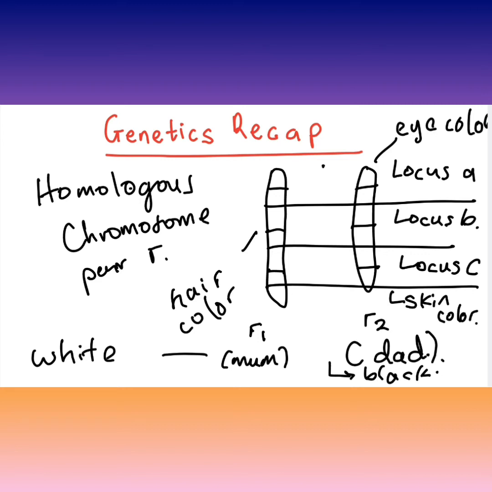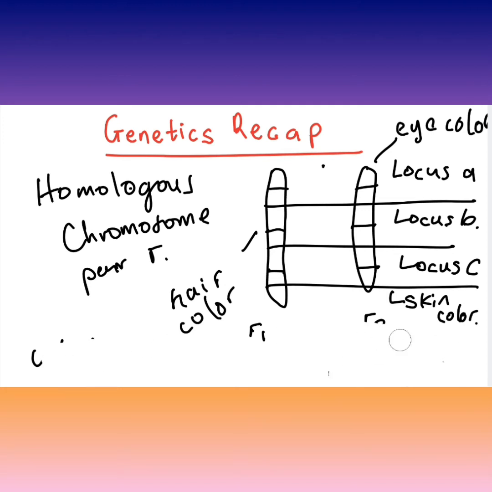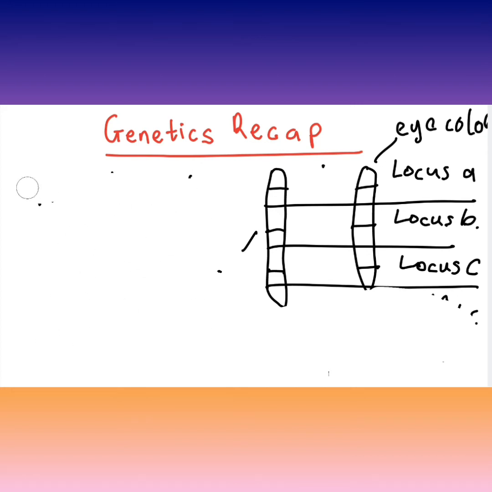Now things are getting a little bit interesting. Now these genes are the same, but they are different variants of the same gene. Now that brings us to an interesting concept in genetics called allele.